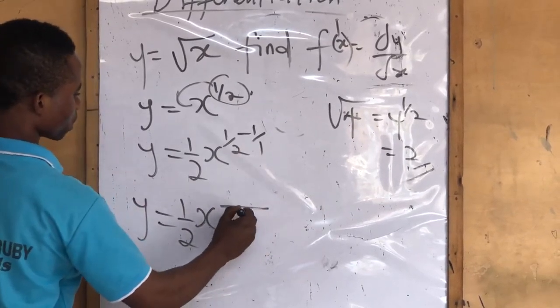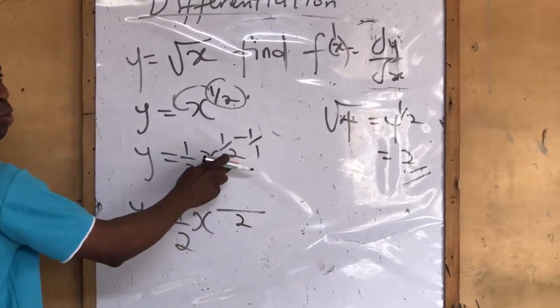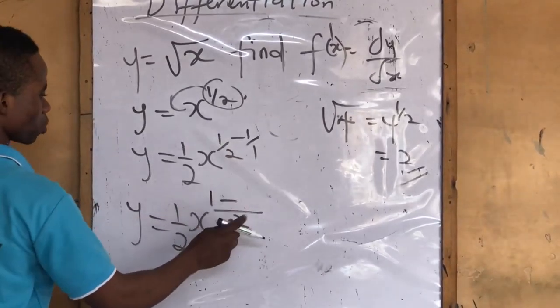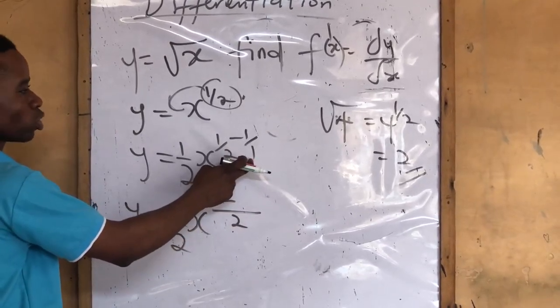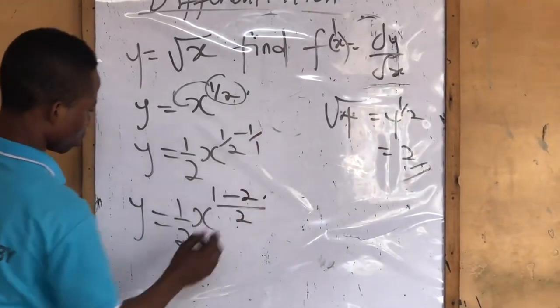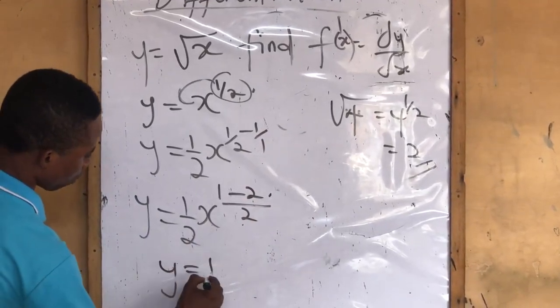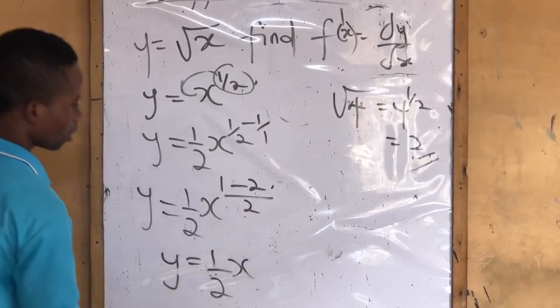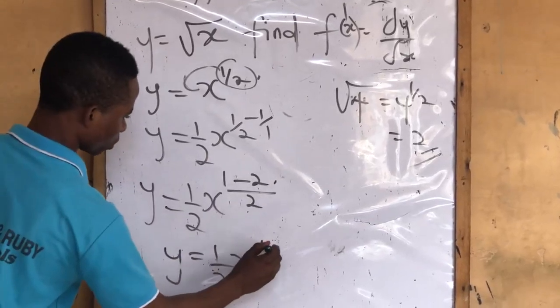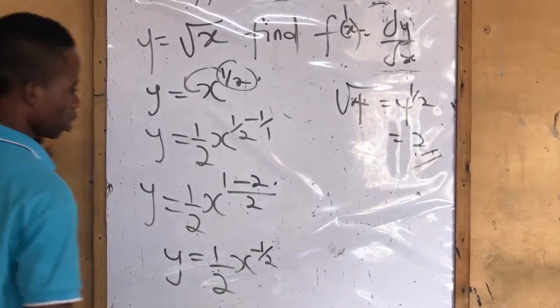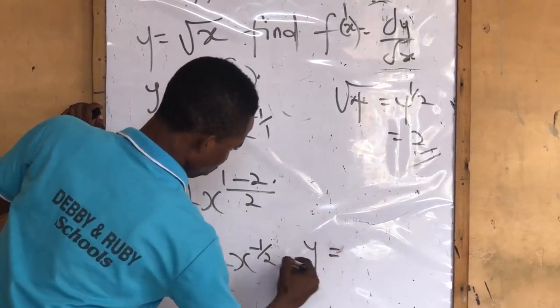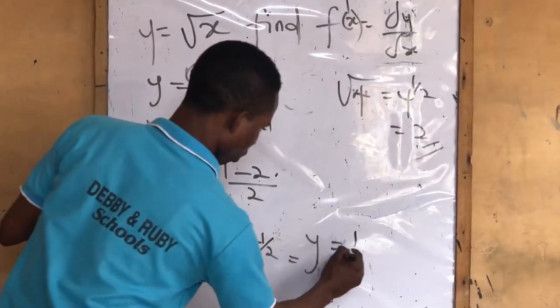And what's my LCM? My LCM is 2. 2 in 2, 1. 1 times 1, 1. Minus 2 in 1, that is 2. 2 times 1, that is 2. That will be y equals to 1 all over 2x. 1 minus 2, that is minus 1 all over 2. So that will be y equals to 1 all over 2.